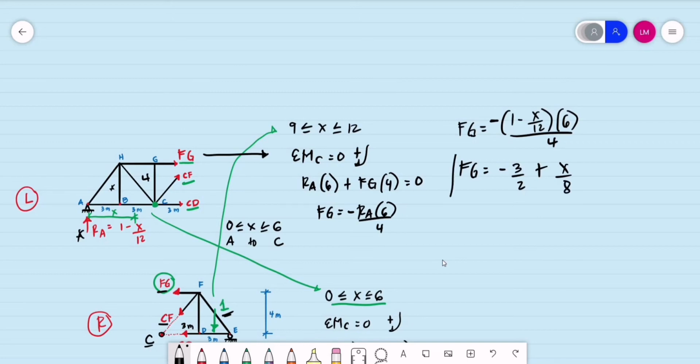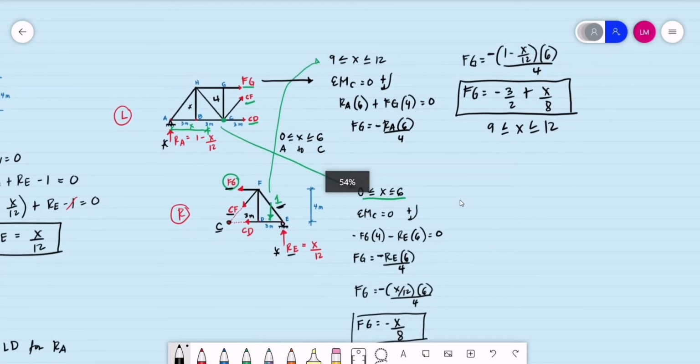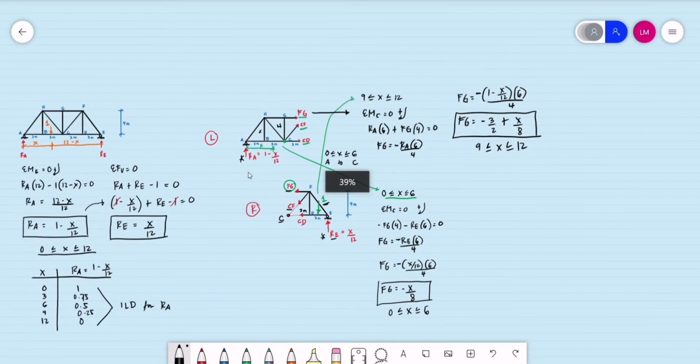So this will be the equation of the axial force for member FG for the interval 9 less than or equal to X less than or equal to 12. So let's have the ordinates of the ILD for the axial force for member FG considering these two equations.